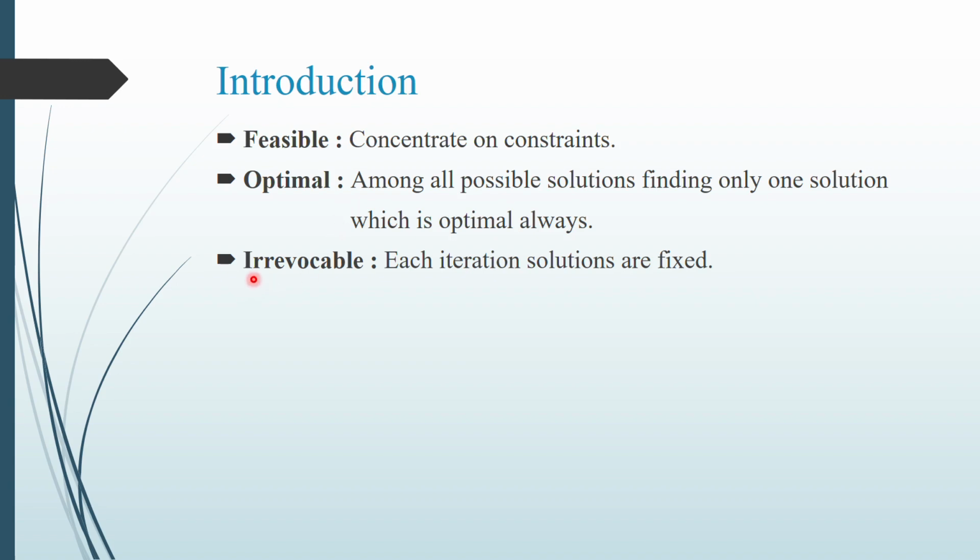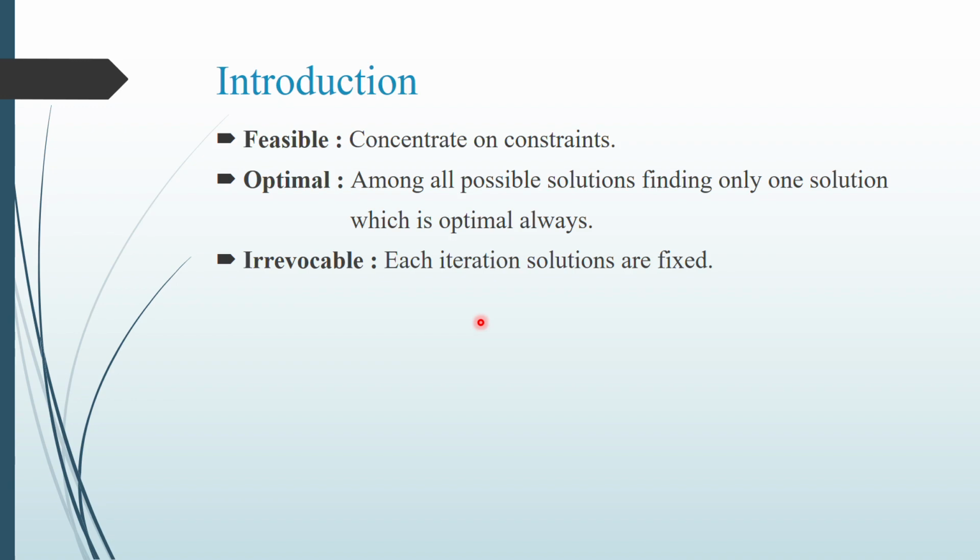Next is irrevocable. Irrevocable means that on each iteration, whatever solution you get, that solution is fixed. Usually to get the solution, the same logic needs to be executed more than once. On every iteration, whatever solution we get is the fixed solution, and the next iteration you will get the fixed solution for the next subpart.